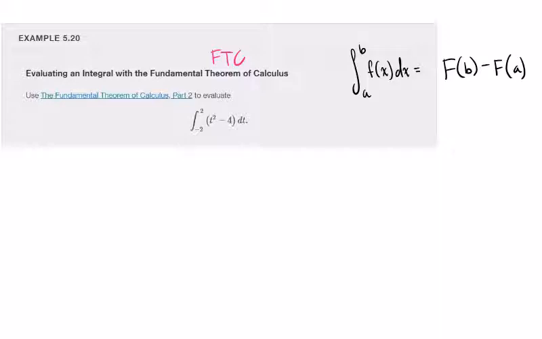So if we didn't have the fundamental theorem of calculus, once again, we would have to draw this picture out, right? And somehow find the area underneath. This would be a parabola that crosses at -4, symmetrical about the y-axis, and it would cross here at 2 and -2.